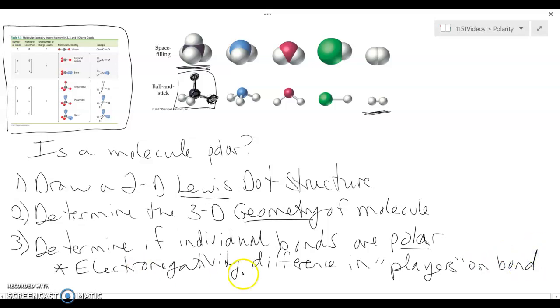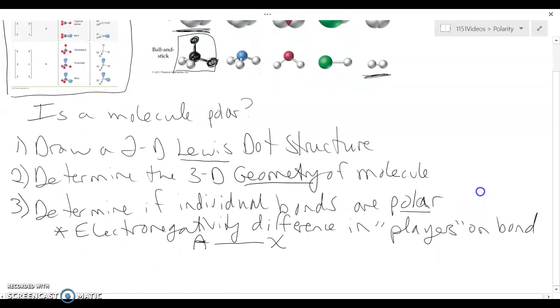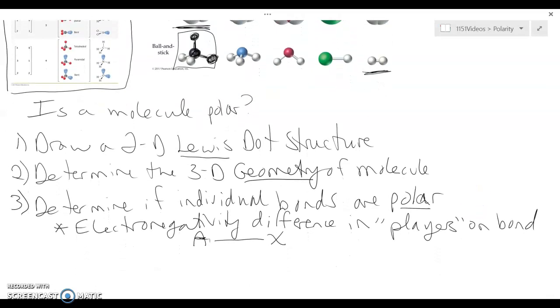Okay, so if you have element A bound to element X, you're looking at what is the electronegativity of element A, what is the electronegativity of element X, and that is why you need to know electronegativity.